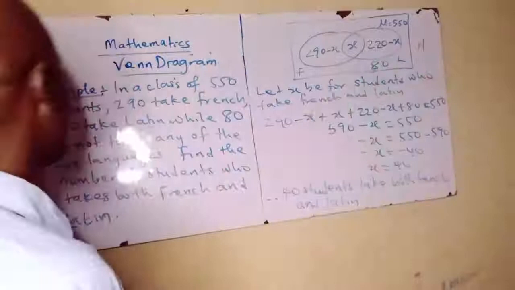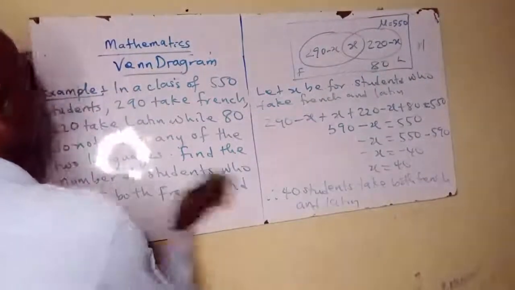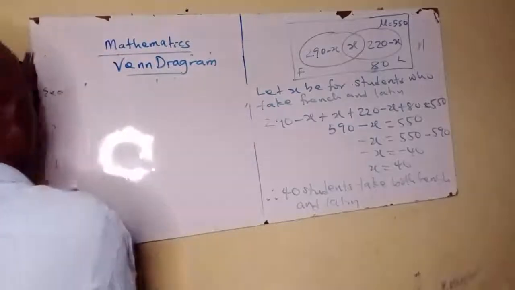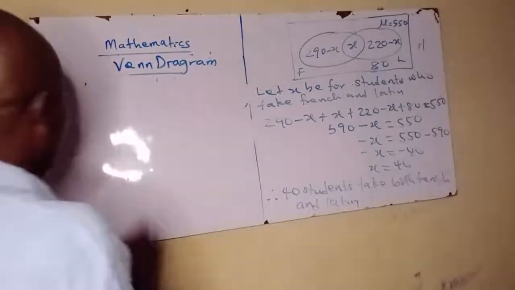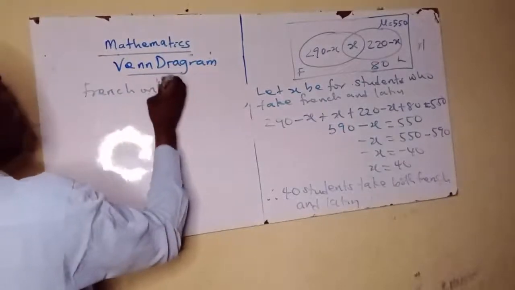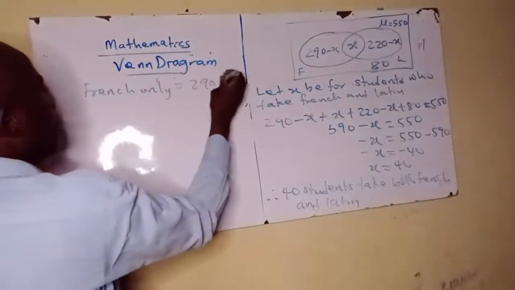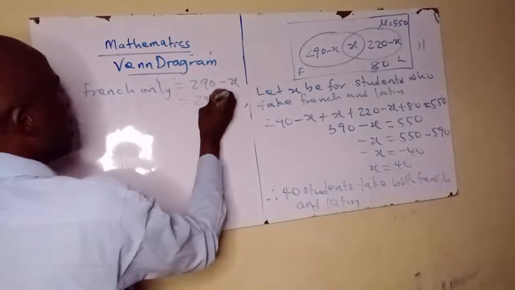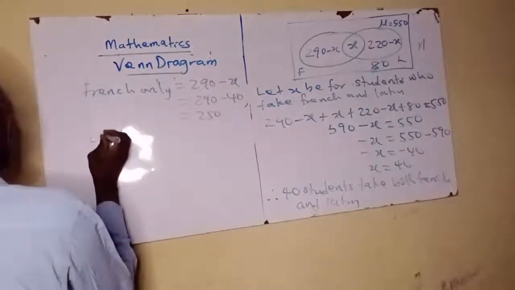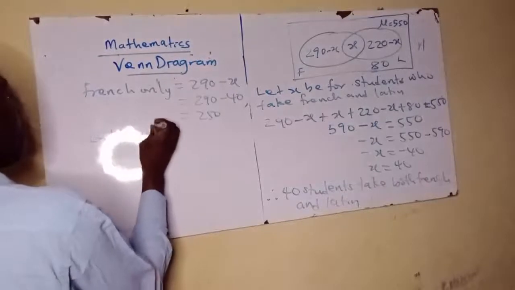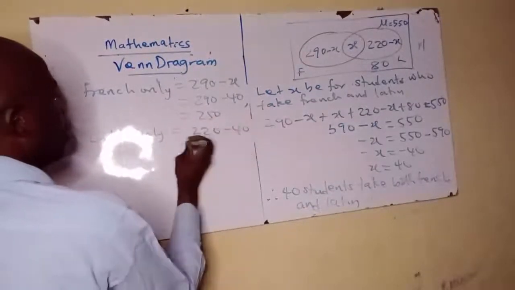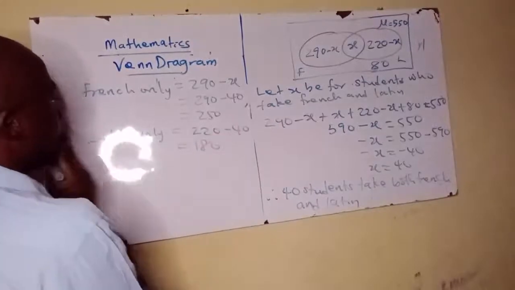Now let's quickly check what we have just worked out. If 40 students take both French and Latin, I want to represent the information now. The French only will be 290 minus X, which is 290 minus 40, and that's 250. The Latin only will be 220 minus 40, which is equal to 180.